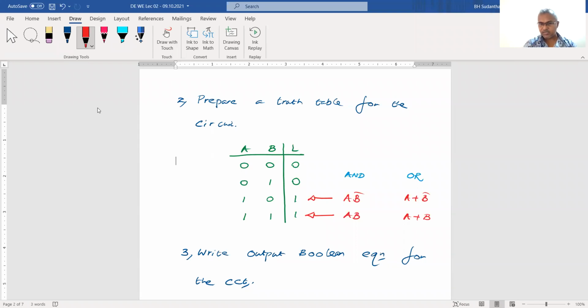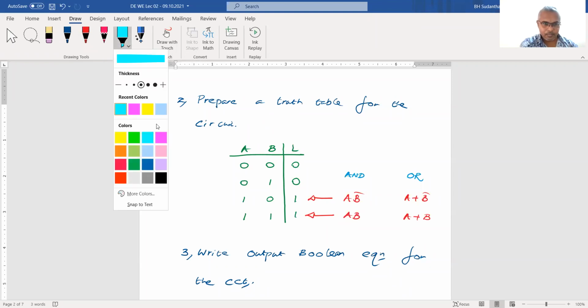Now what is matching here? The answer is this.